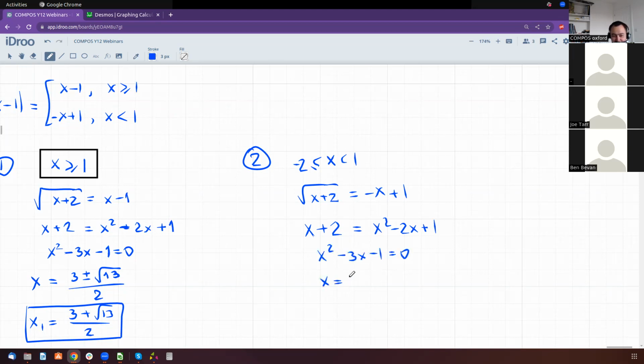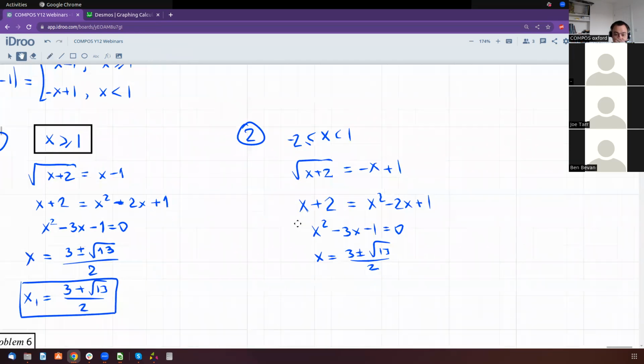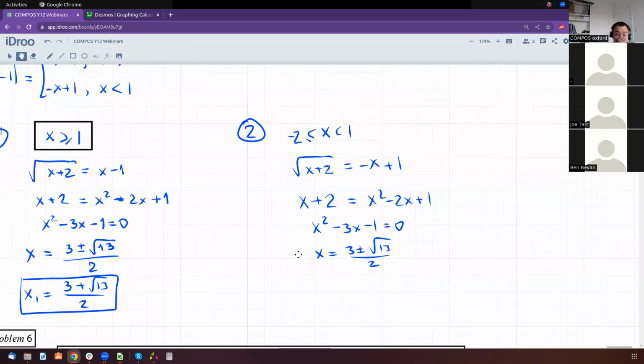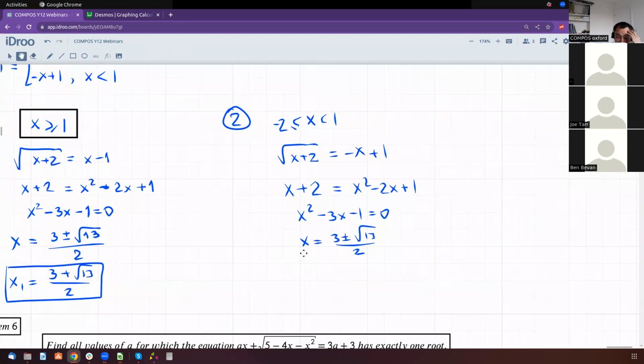So x is equal to 3 plus or minus square root of 13 over 2. So the positive one doesn't suit us because it's more than 1. So 3 minus square root of 13 over 2.